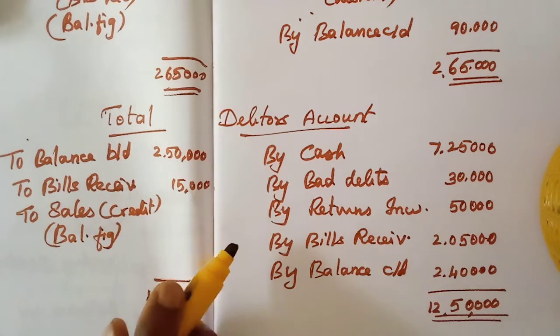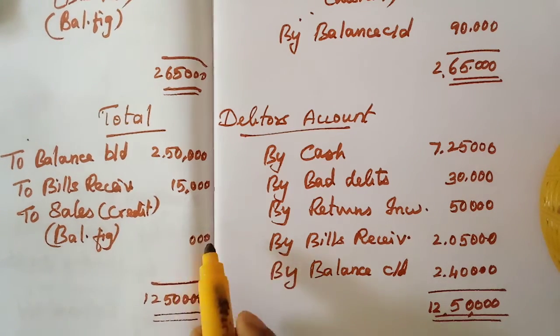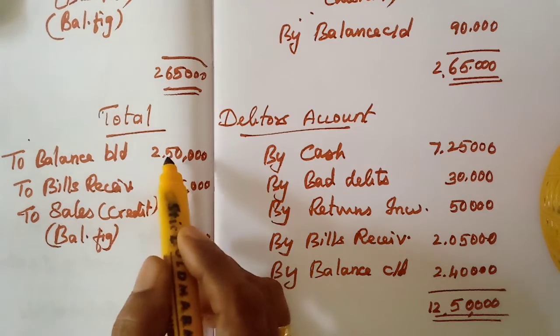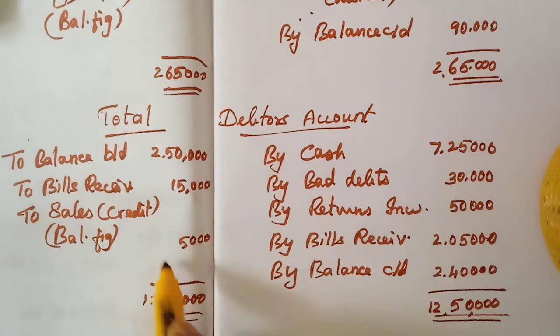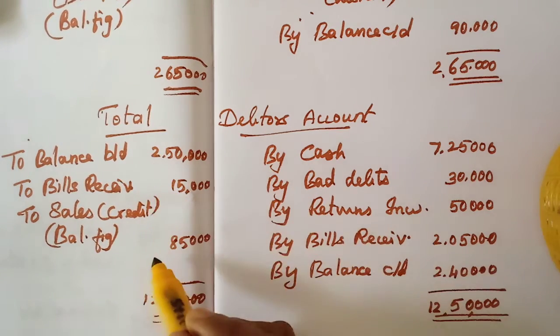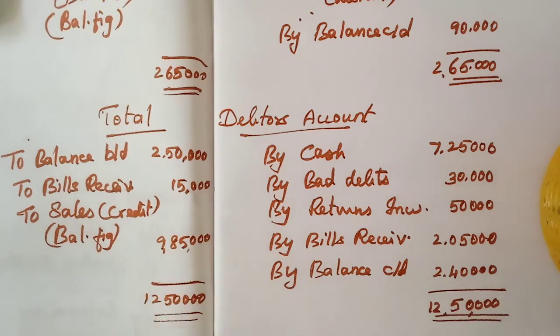Calculate the amount. 0, 0, 0, 5, 5 plus 5, 0, balance 10, balance 1, 6, 7, 7 plus 8, 15, balance 1, 3, 3 plus 9, 12. So 9,85,000. This is the credit sales we have calculated.